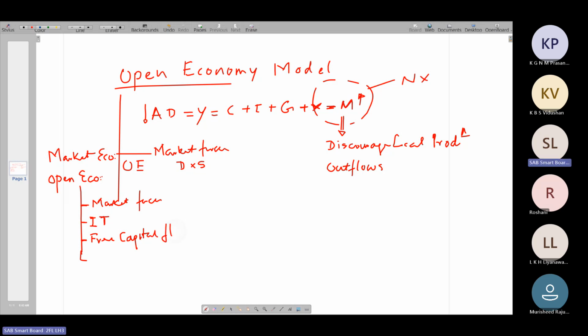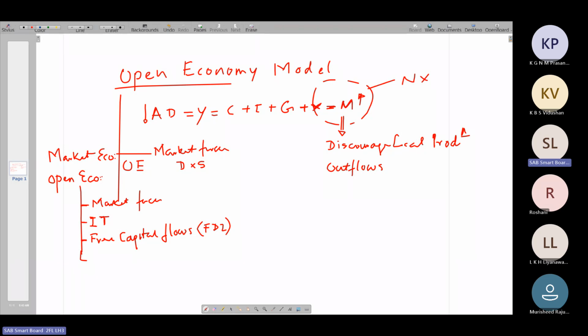Free capital flows mean FDI and portfolio investments. Most importantly, we talk about foreign direct investment, inflows and outflows. These are the two important aspects that we look at in the open economy.